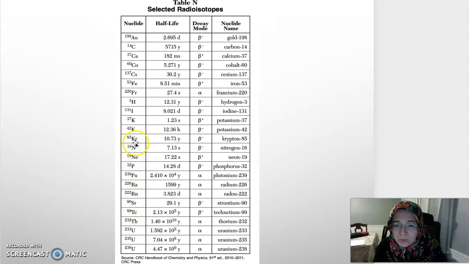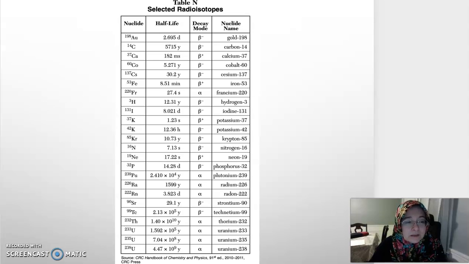They didn't put the copper here. Let's go with cobalt. It says 5 years here. Cobalt will go through beta decay. If you wait 5 years, half of it will be decayed. 1 gram of cobalt will become 0.5 gram of cobalt in 5 years. That's how half-lives work.